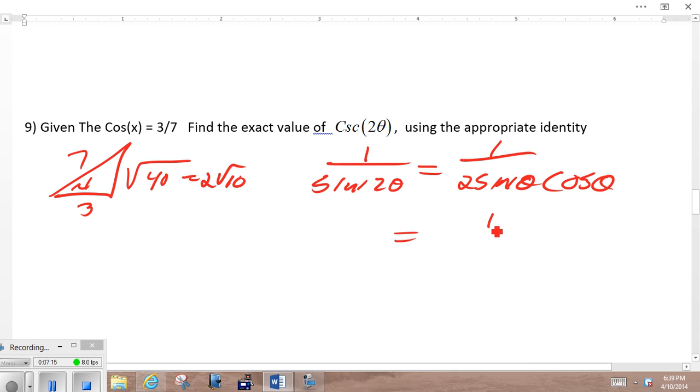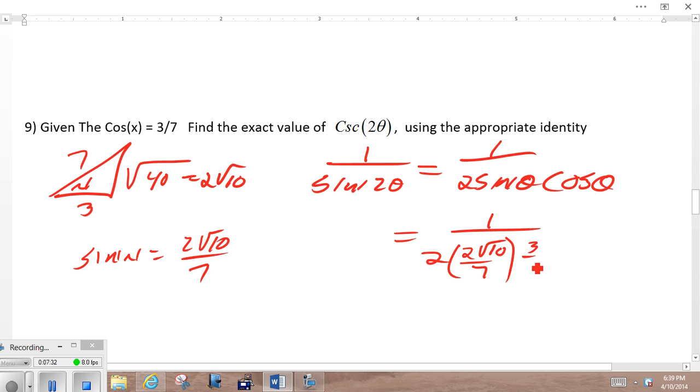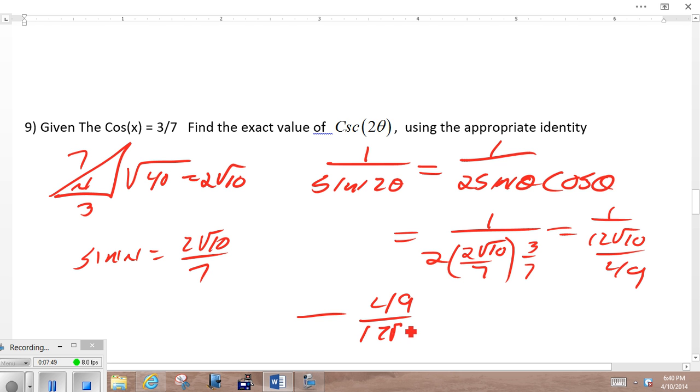So 1 over 2, the sine of x is going to equal 2 radical 10 over 7. So that's 2 radical 10 over 7 times the cosine, which was 3/7. So that's going to look like 1 over 4, 12 root 10 over 49, which of course we can reciprocate and call 49 over 12 root 10, and you know, rationalize if we want. You don't, no big deal.